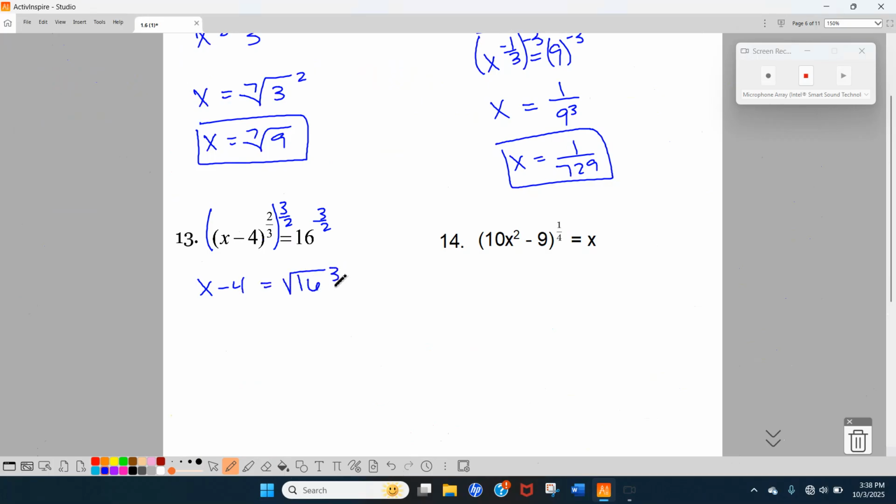I'm taking an even root, so I'm going to do a plus or minus. So we'll get plus or minus 4 to the 3rd. So this is 64 plus or minus 64. So I'm going to go ahead and just split it and do one for positive 64, one for negative 64. And then add 4 and get 68. And then add 4 and get negative 16.